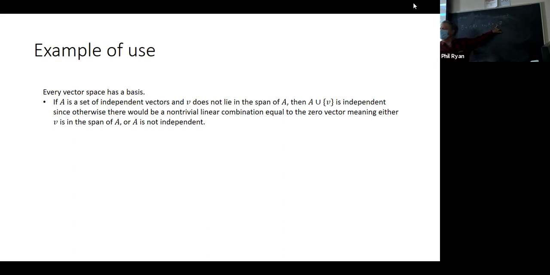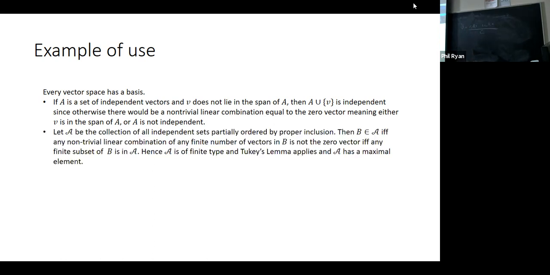And if c is non-zero, then we can write v as a linear combination of the a's, and so it wouldn't be outside the span of A.